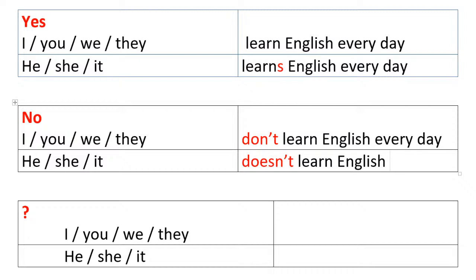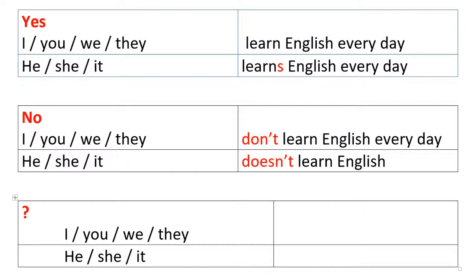If you want to make a question, and for example, you want to say, oh, do you do this? So for I, you, we, and they, how will you start a yes or no question? So what do you think? What helping verb will you use?